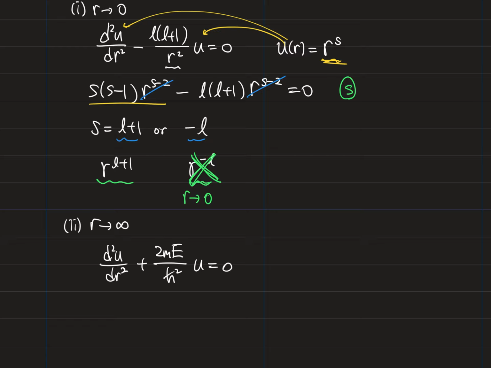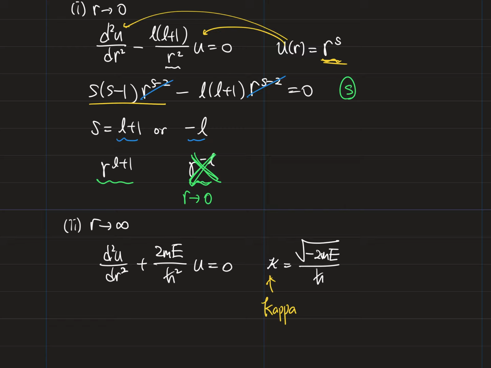So let's define the square root of minus 2 m e divided by h bar square, h bar, as kappa. This looks very similar to k, but it's not really k. Because we have k later, this is kappa.